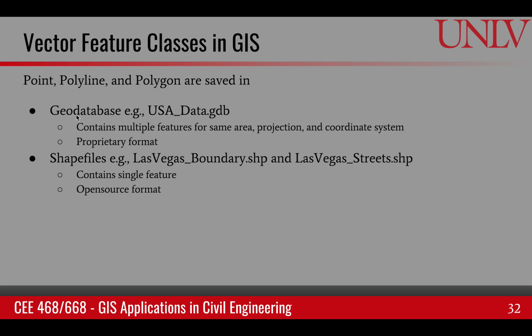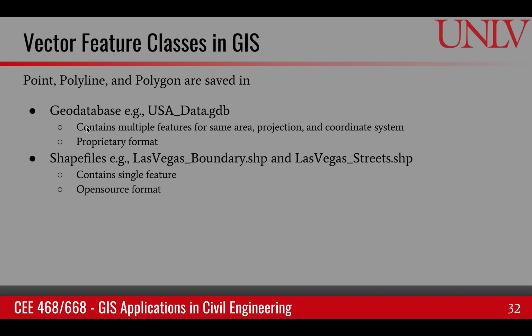One was a geodatabase, USA_data.gdb, and they were also given to you as shapefiles. For example, the Las Vegas boundary file was a shapefile. And both of these are formats in which you will come across the feature classes.